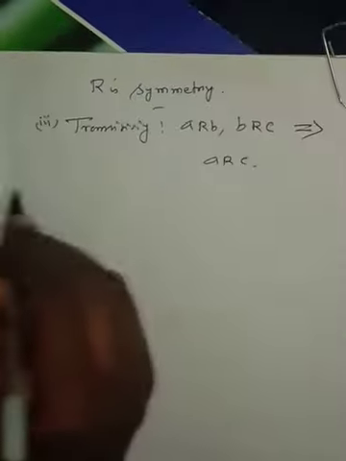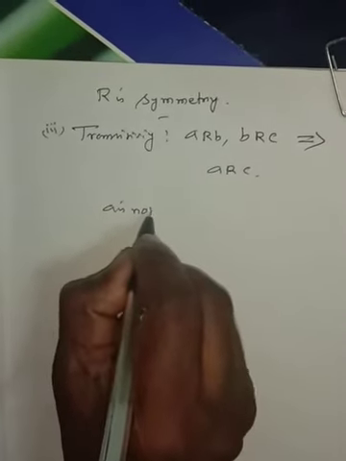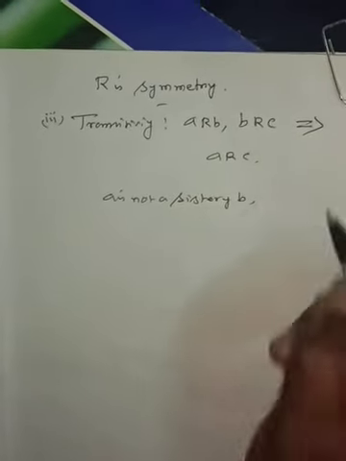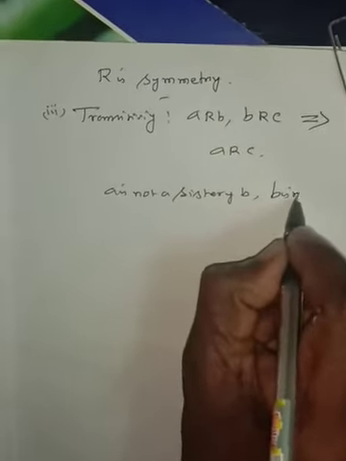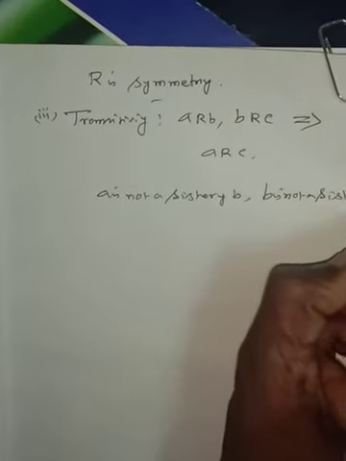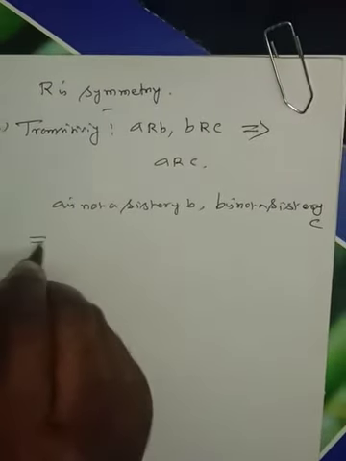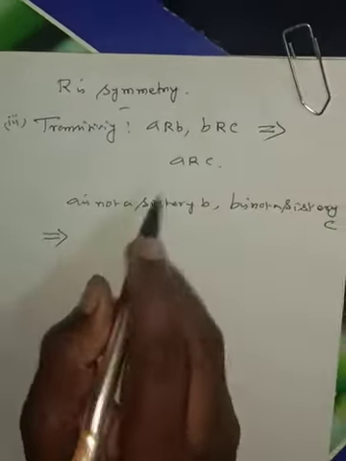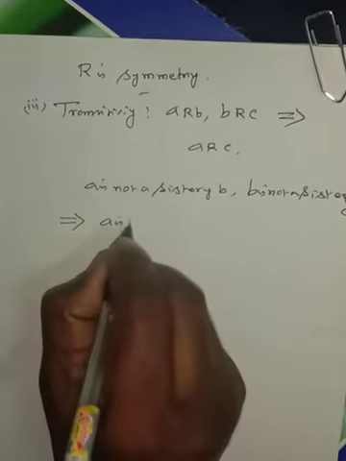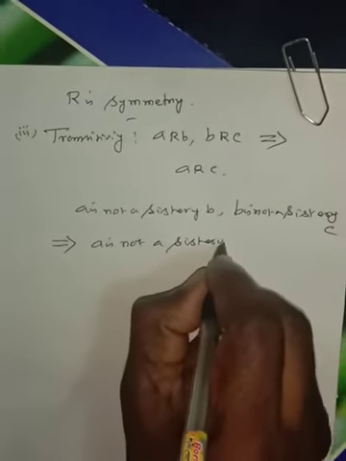First, A relation B means A is not a sister of B. A is not a sister of B, comma, B is not a sister of C, implies A is not a sister of C. A is not a sister of C.